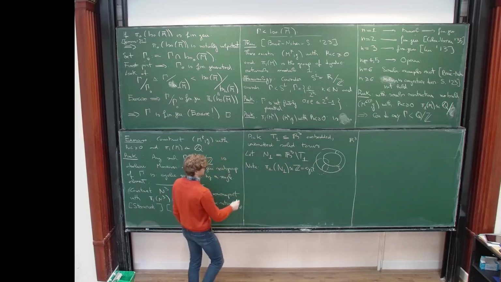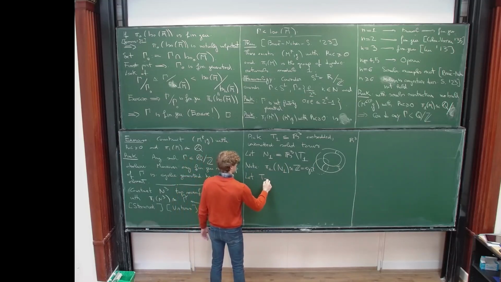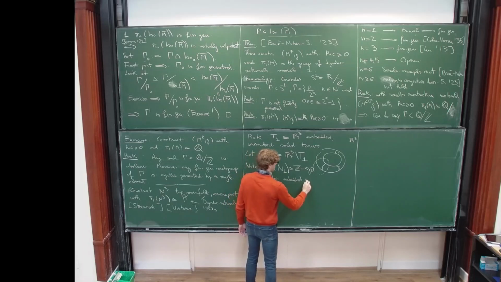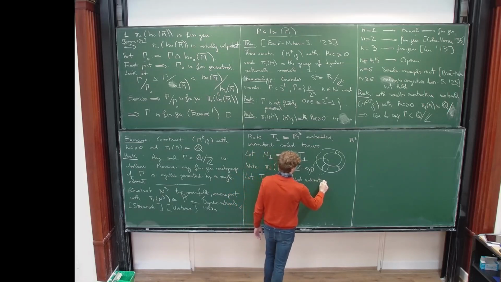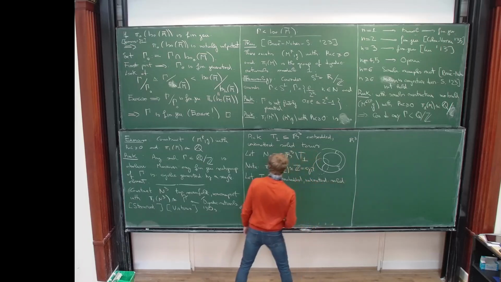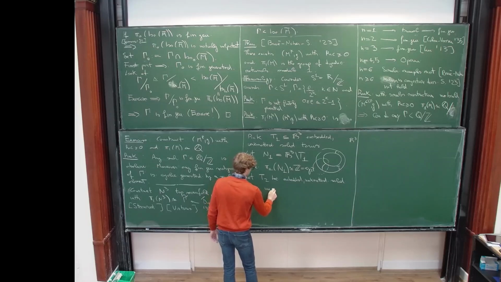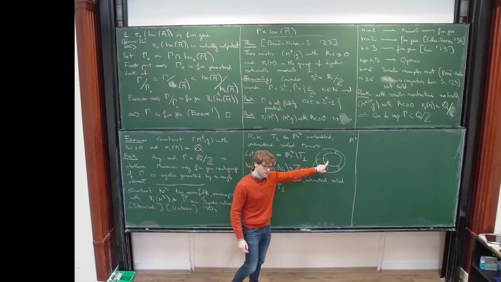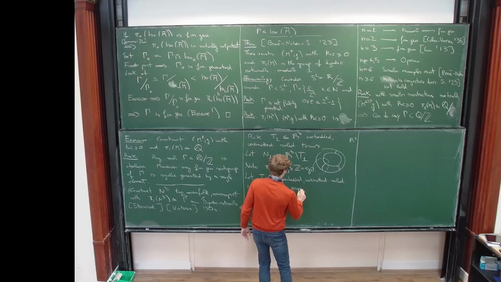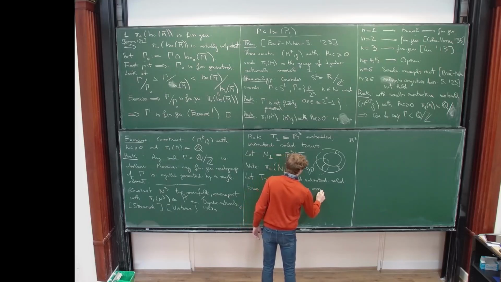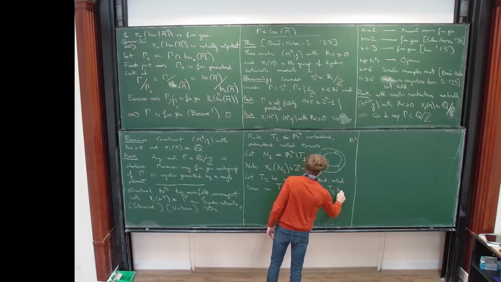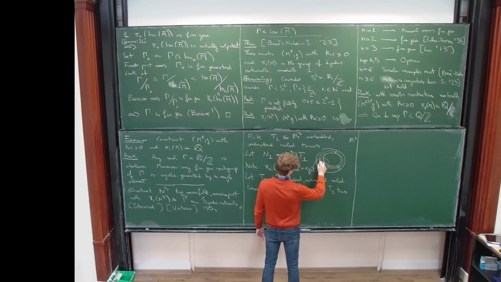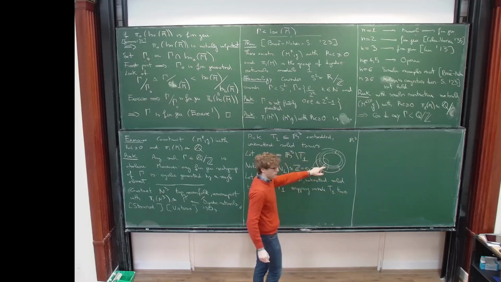Now you proceed as follows. You let T2 be an embedded, unknotted solid torus inside T1. However, I would like T2 to wrap inside T1 twice. So you draw a loop which is wrapping inside T1 twice, and you fatten it a little bit to get the solid torus T2.